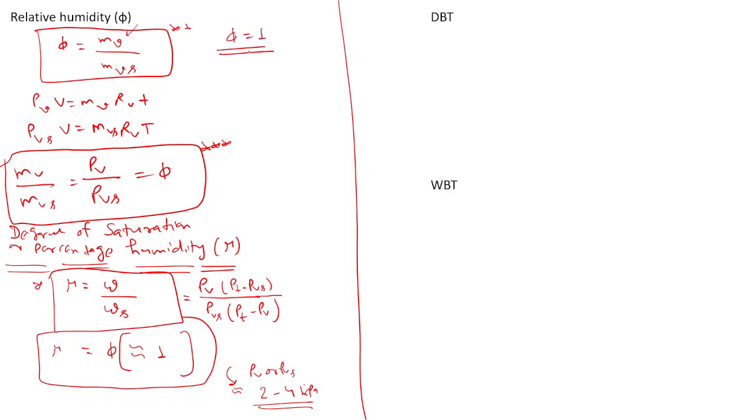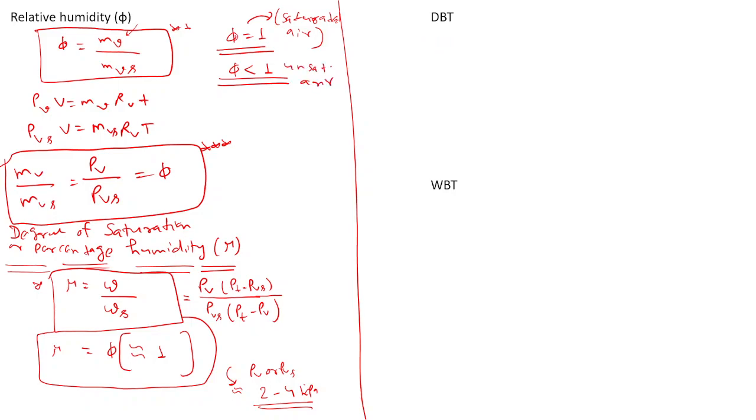Our air is completely saturated. Whatever amount of water vapor it can maximum take, that is already there. Okay. So if the condition is this, then we will say saturated air. If directly written saturated air, it means relative humidity is 1, and if unsaturated air, then phi would be less than 1 always.